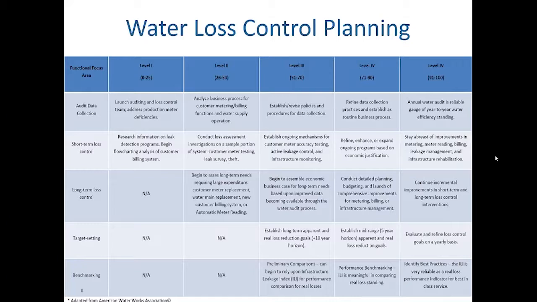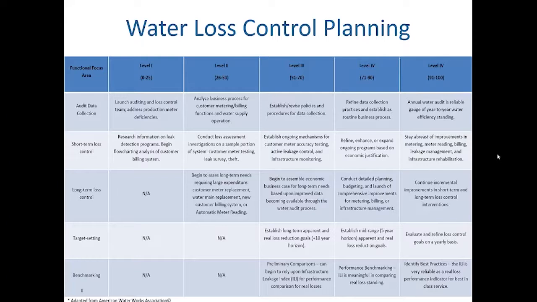This table, of course, is probably not very easy to read, but we do have it available from our webpage. It's adapted from the American Water Works Association's Water Loss Control Planning Guide. Going back to that assessment scale, like I mentioned, there were 20 of them. We take those 20 scores and come up with a total for the entire audit.